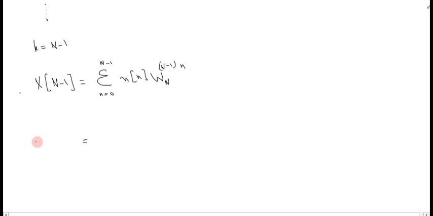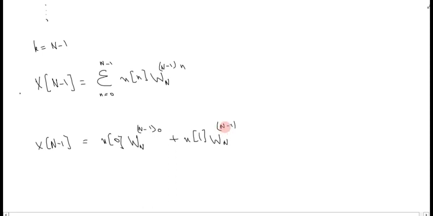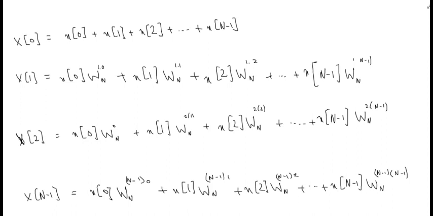And if you expand it, this X of N minus 1 will be equal to x of 0 W N raised to power N minus 1 into 0, plus x of 1 W N raised to power N minus 1 into 1, plus x of 2 W N raised to power N minus 1 into 2, plus so on to x of N minus 1 W N raised to power N minus 1 into N minus 1. So I am rewriting all the equations here.